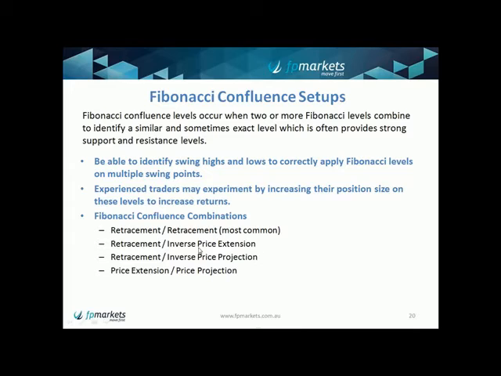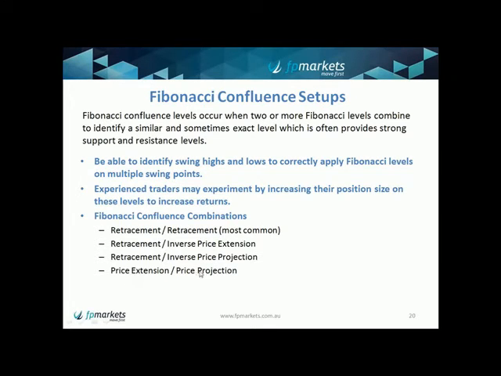So you're drawing a price retracement, then the market starts to move down, pulls back a little bit, continues to move down. Then you use that first wave there to do a fib extension and then see if any of those fib lines intersect. Then you've got here retracement and inverse price projection. So, I'll show you some of those a bit later.